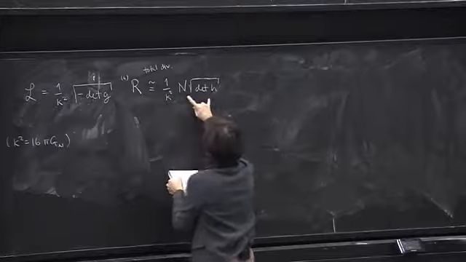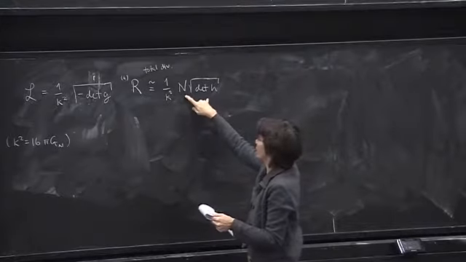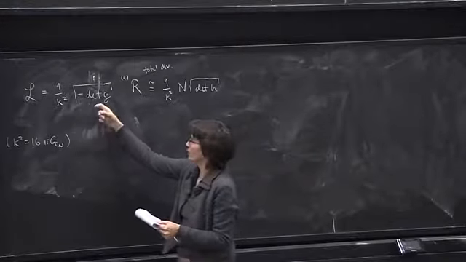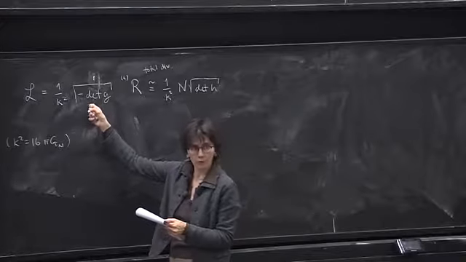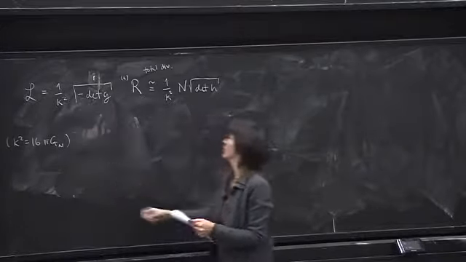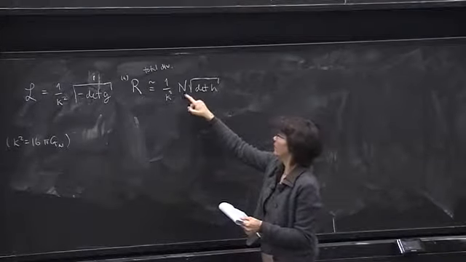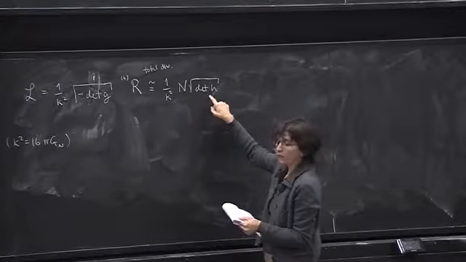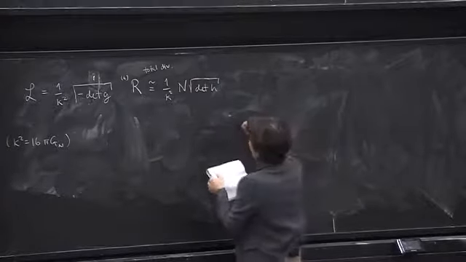Now, the first thing is relatively straightforward to understand. What becomes of the square root of this 4-dimensional determinant is n times the square root of the determinant of the spatial metric.